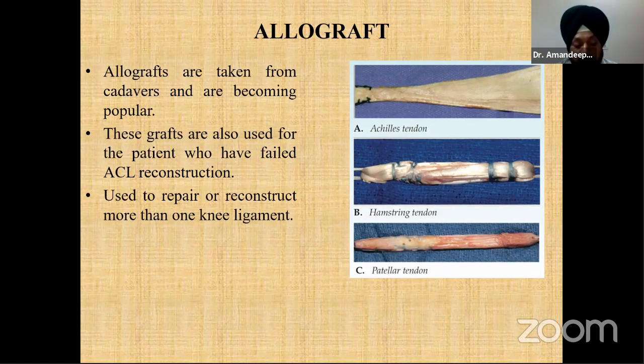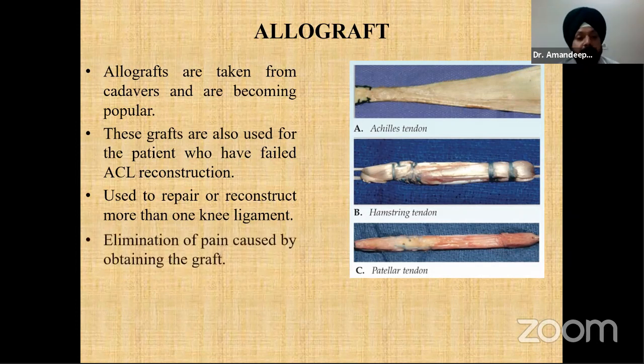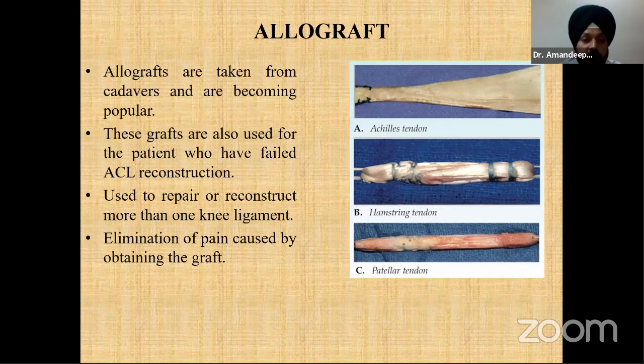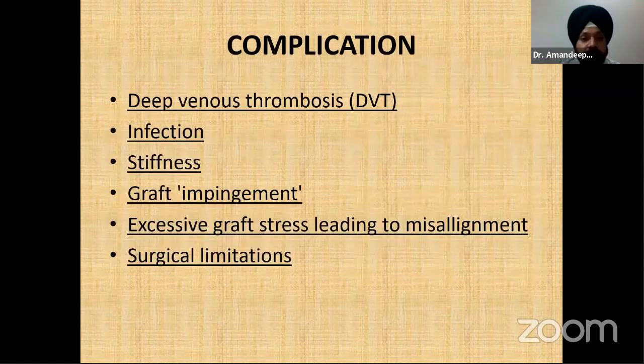Like I have already told you, there is associated injury of the ACL with the MCL, and it can be associated with the medial meniscus also. The disadvantages I have already told you are minimized by this allograft.